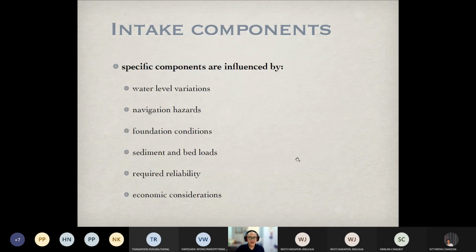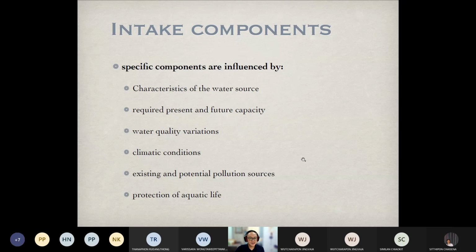The intake components are normally influenced by several factors. For example, characteristics of the water resource. If we use surface water, we need to be concerned about aquatic organisms.